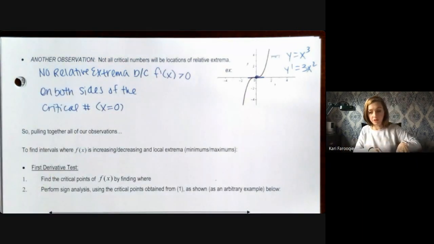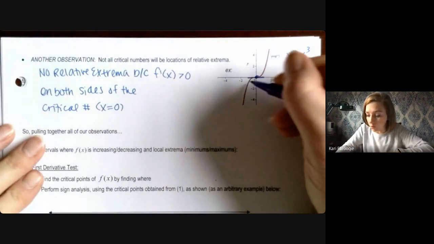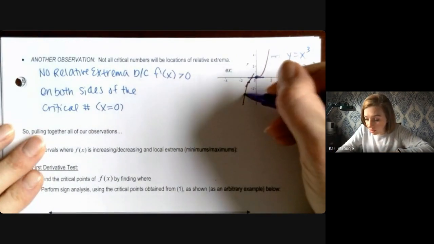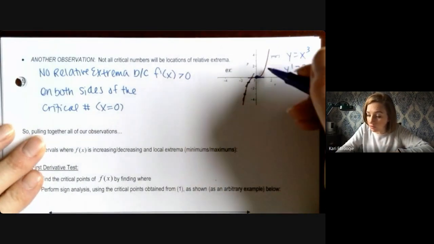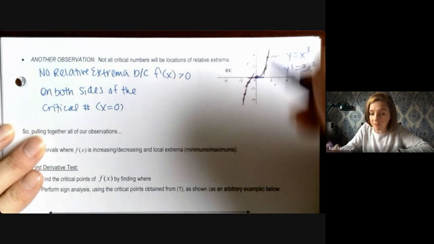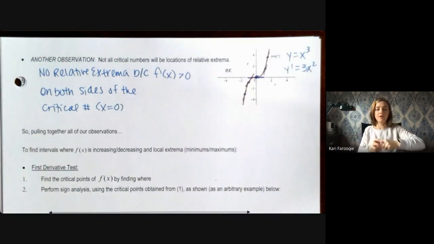If you look to the left of 0, you'll see that the slopes of the tangent lines are heading up from left to right. If you look to the right of 0, you'll see the same thing. So they're increasing everywhere except at the critical number, at which point they zero out. The slope is 0. So yes, technically x equals 0 is still a critical number because the derivative is still 0 there, but it does not yield any relative extrema.